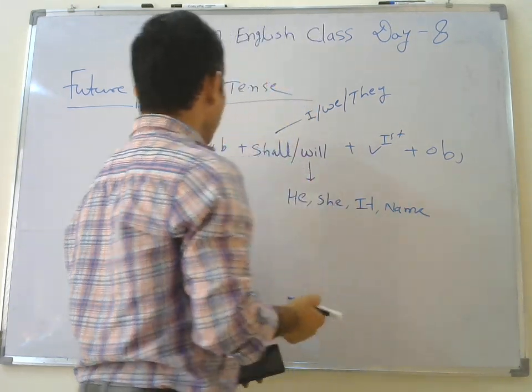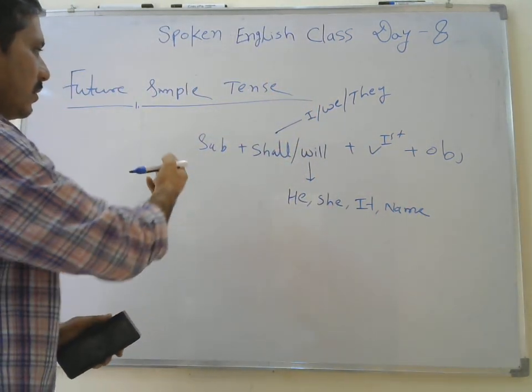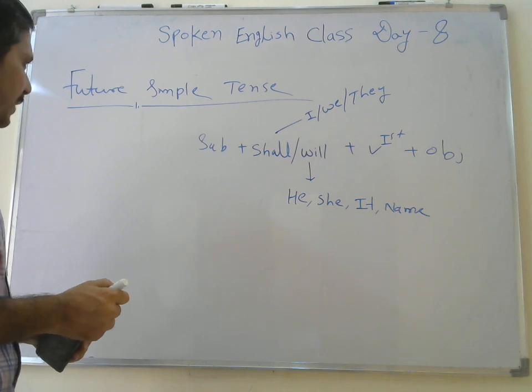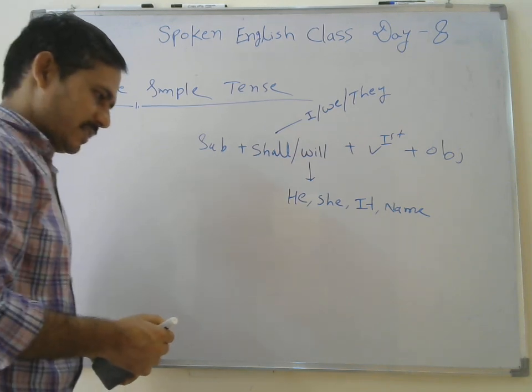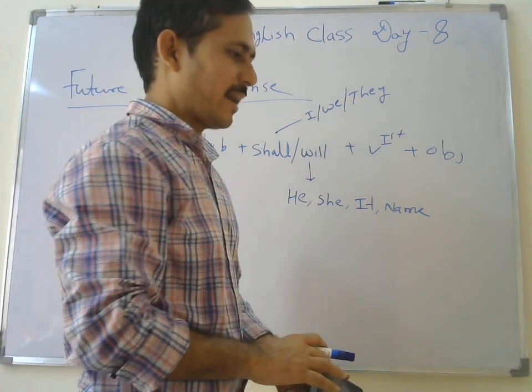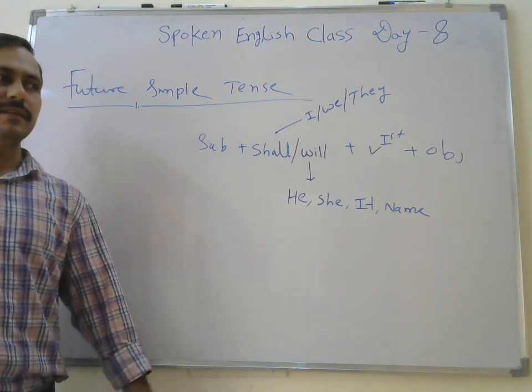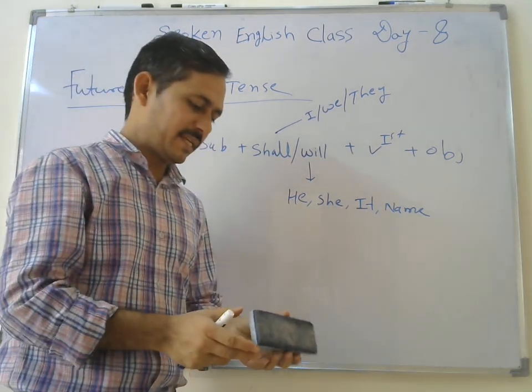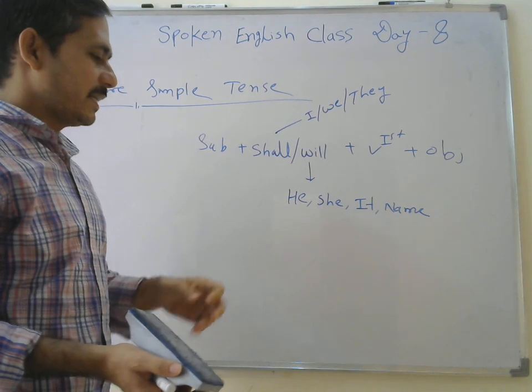Okay, friend. So this is your structure. What is future tense? Future tense denotes some action which will be there in the future. Now, what is future simple tense?